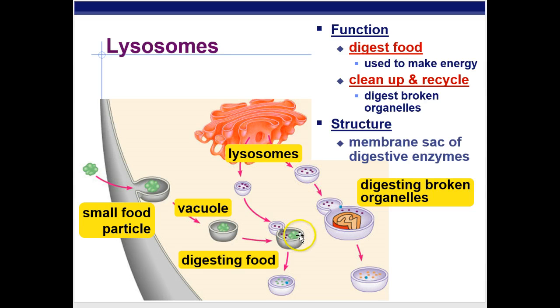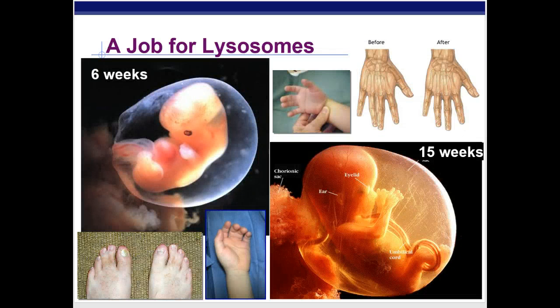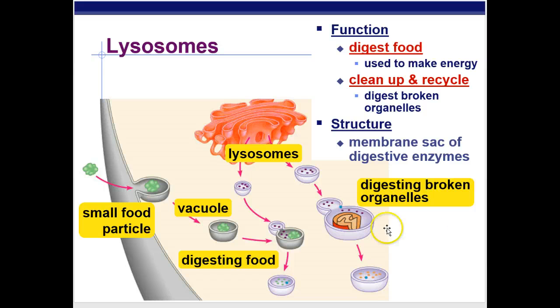They can digest the food or old cell parts. I like to think of them as the housekeepers of the cell. By the way, all of these little cell organelles are contained by phospholipids, by little membranes of their own, separating themselves from the cytoplasm of the cell.